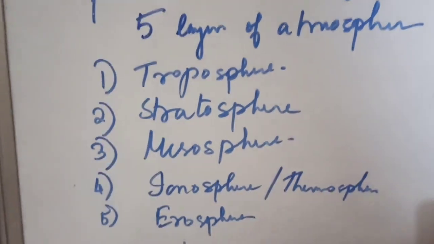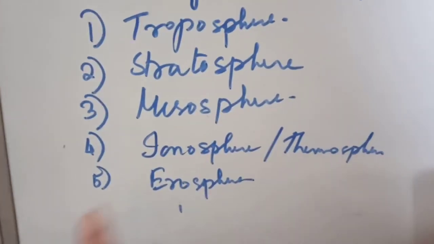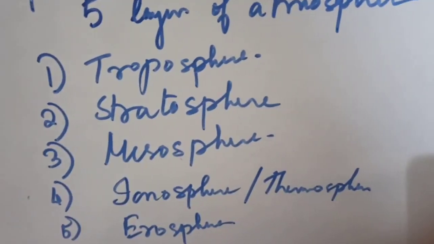Number 1 is the troposphere, then the stratosphere, then the mesosphere, then the ionosphere or the thermosphere, and the last one is the exosphere. These are the 5 layers of the atmosphere. Now let us go into a detailed study of all these layers.